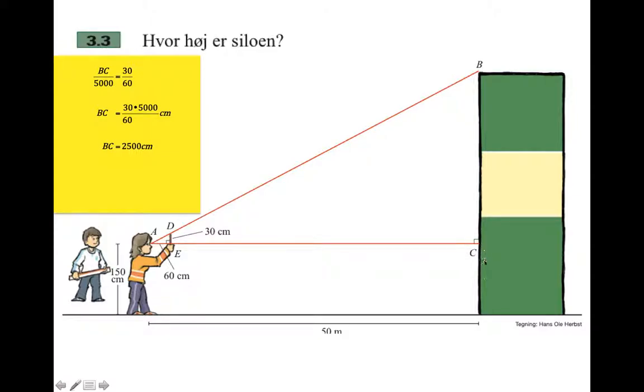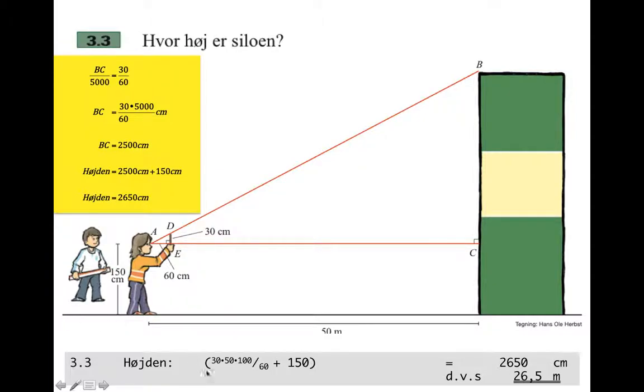But that's not all of the silo, because you've got this extra 150 centimeters, which is the height from the ground to Julia's eyes. So you've got to add that on. So the height is the 2,500 for the triangle plus 150 for the height from the ground to her eyes. And that makes 2,650.